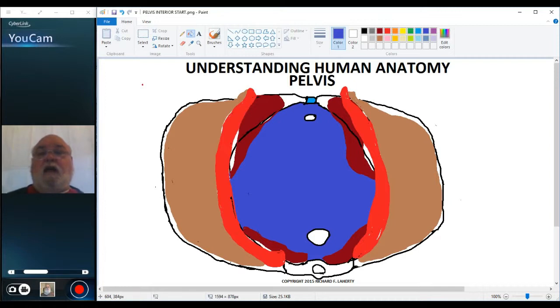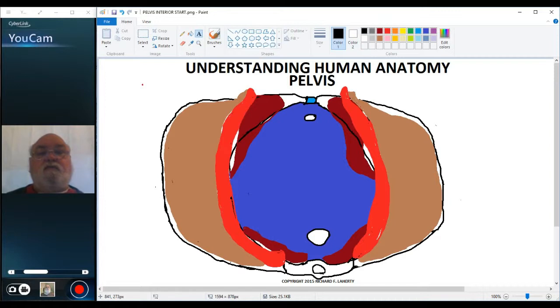And I'm just going to represent the pelvic diaphragm by coloring in all the open space in here blue. You see that we have two openings, one for the urethra and one for the anus, this being a male pelvis.